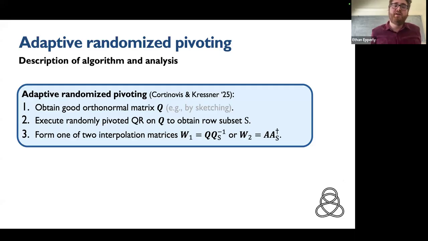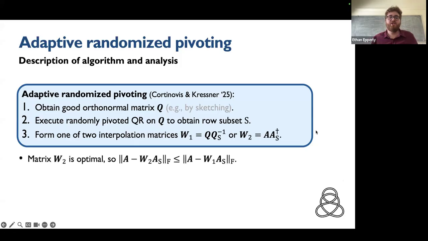You can pick W1, which is Q times Q_S inverse, or you can pick the optimal interpolation matrix, W2, which is equal to A A_S pseudo inverse. As I mentioned, W2 is the optimal interpolation matrix. It's a deterministic, always true mathematical fact that the error A minus W2 A_S is going to be smaller than A minus W1 A_S.